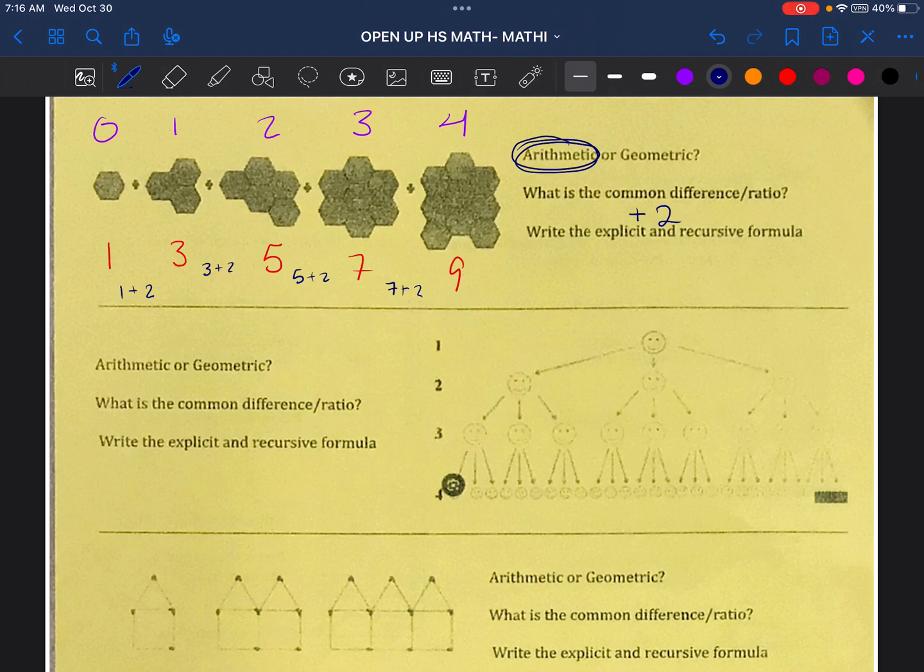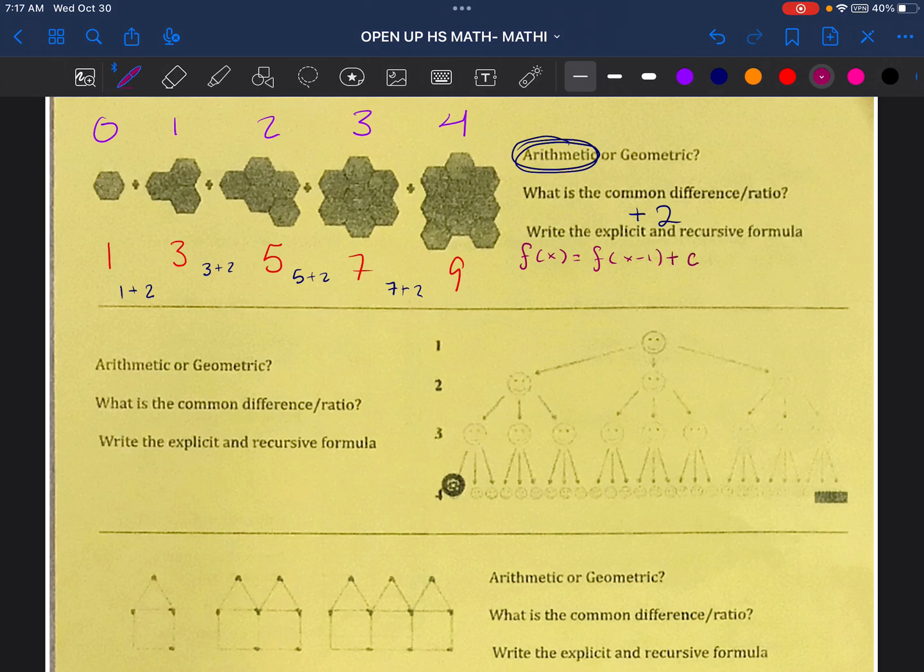Okay, here's where a lot of people started struggling with this one, with our formulas. If I were to write out my generic recursive formula, it would be f of x equals f of x minus 1 plus my common difference.